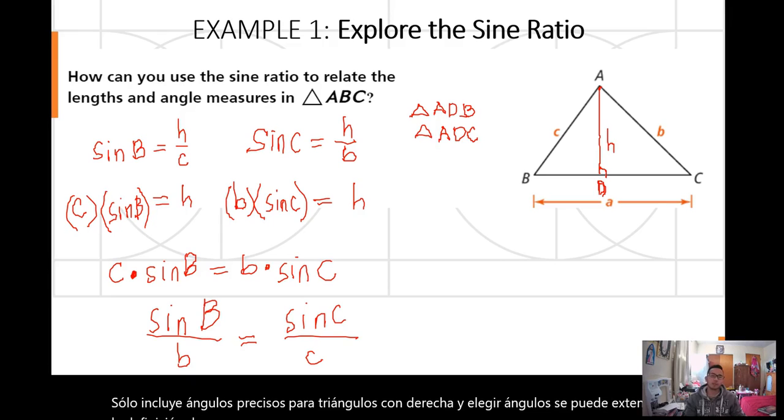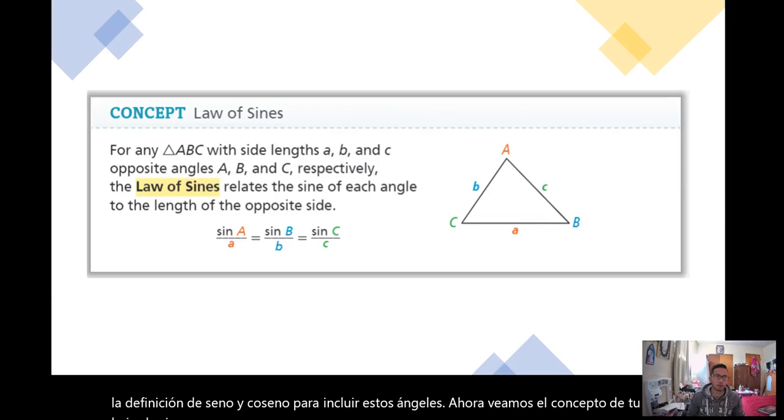Now, let's see the concept of the law of sines that I have written there. For any triangle ABC with side lengths a, b, and c opposite angles A, B, and C respectively, the law of sines relates the sine of each angle to the length of the opposite side.